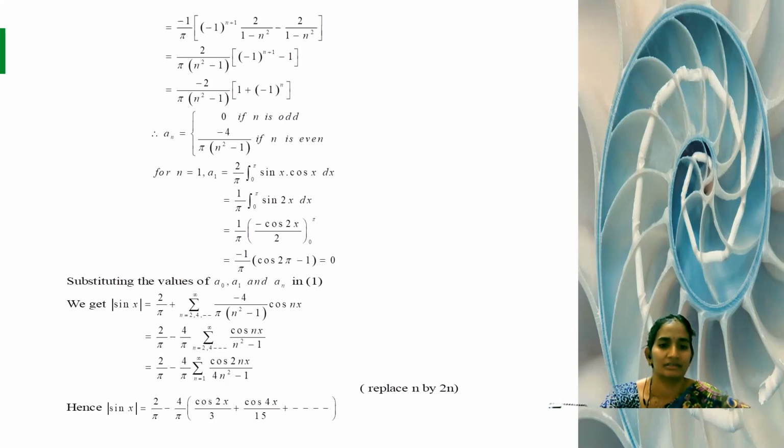So now we are simplifying the next step. Take the minus 4 by pi as a constant. You are writing the next step: 2 by pi minus 4 by pi summation n equal to 1 to infinity cos 2nx by 4n square minus 1.